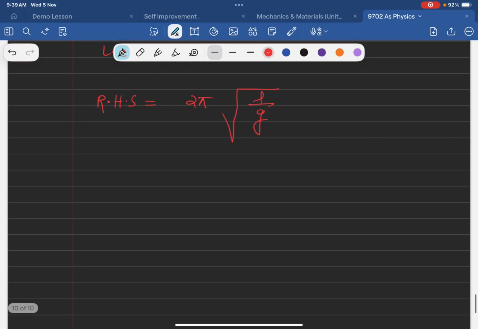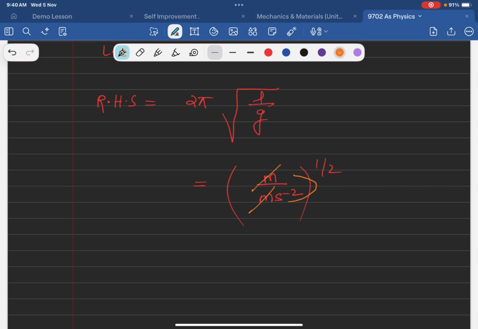So 2 pi will be neglected and we will only remain with the under root. So the power of the under root will be 1 over 2. Length is measured in meter, so the unit will be meter. G is gravitational acceleration and the unit of acceleration is meter second minus 2. So meter will be cancelled by meter.